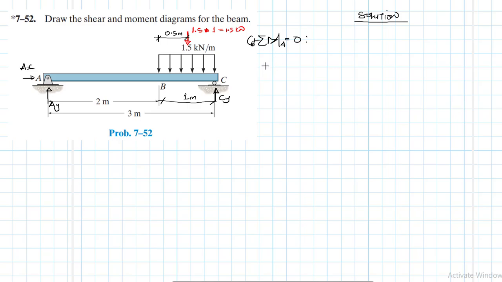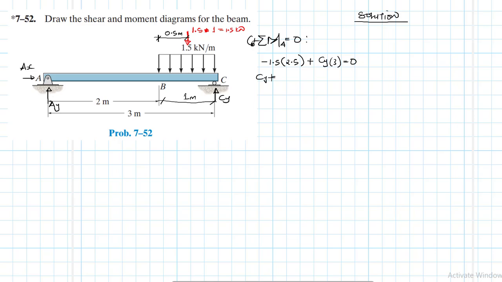Right, so let's go ahead now and apply the equations of equilibrium, starting with the moment about point A. We have minus 1.5, this is a negative moment, a clockwise one, times the 2.5 lever arm, plus Cy times 3 equal to 0.